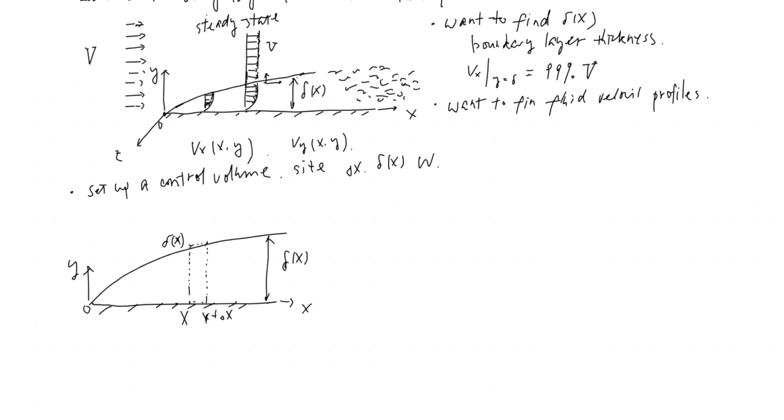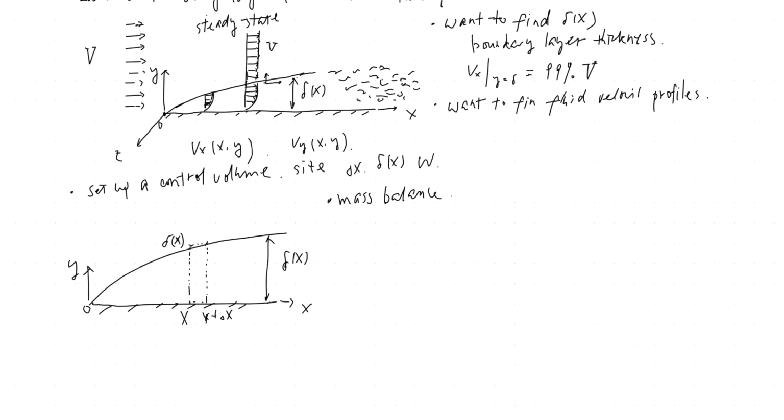Okay, so for the control volume, let's first develop the mass balance. Mass balance means whatever flows into the control volume should be the same amount of whatever flows out of the control volume. So the mass flow rate in should equal the mass flow rate out.